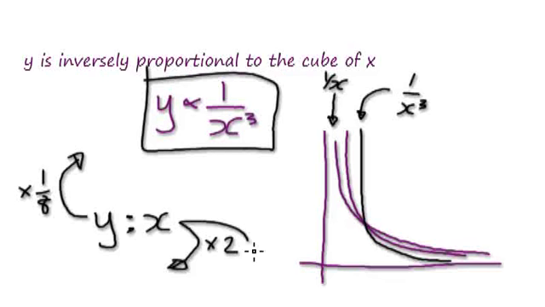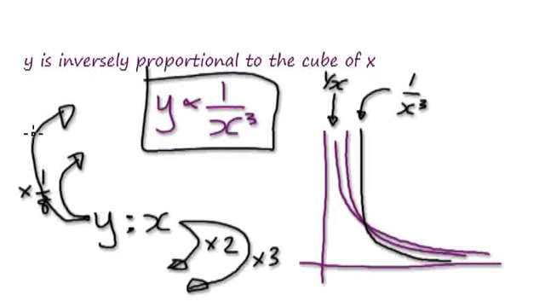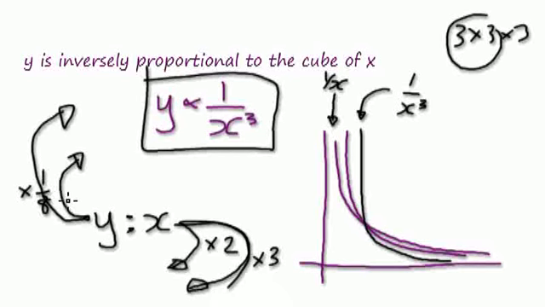If you times x by 3, then y will decrease by 3 times 3 times 3, so that's 9 times 3, so that's 27.